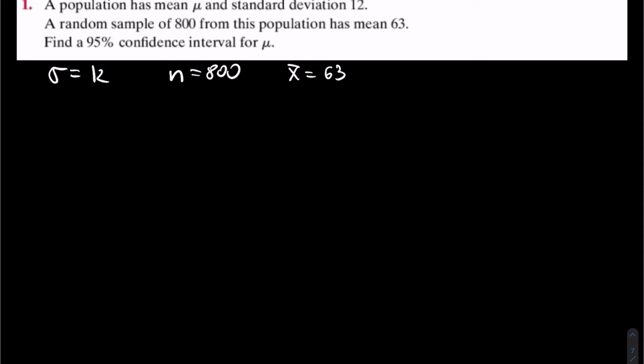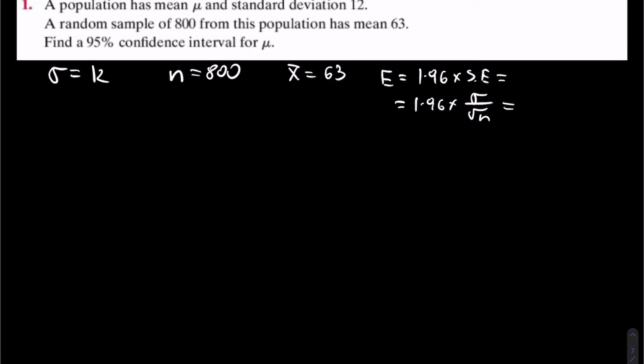So for the sample mean, the margin of error is given by 1.96 multiplied by the standard error of the sample mean, which is the same as 1.96 multiplied by sigma divided by root n.